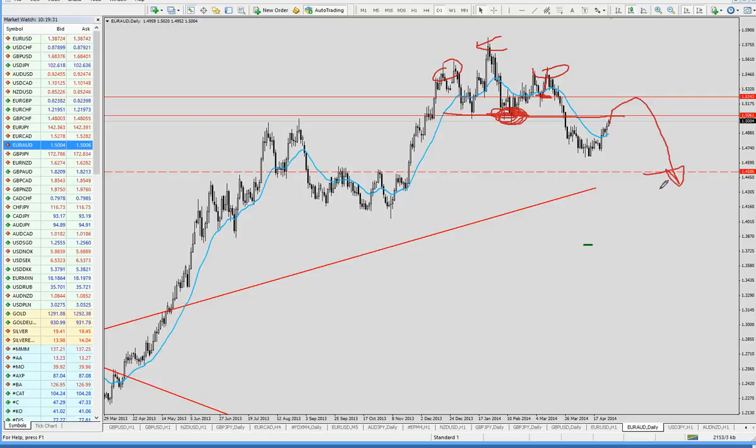So maybe some small pullback, and maybe we should go long right now, looking for long opportunities. So one more time, guys, be careful. That's the neckline of this head and shoulders, okay? Plenty of retail guys and some institutional guys are selling because of the head and shoulders. It's like within the books, but we didn't reach the final area.